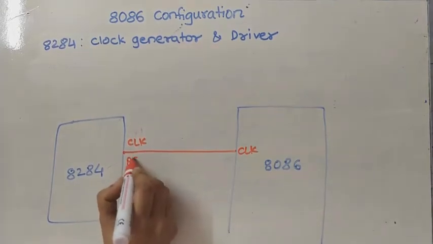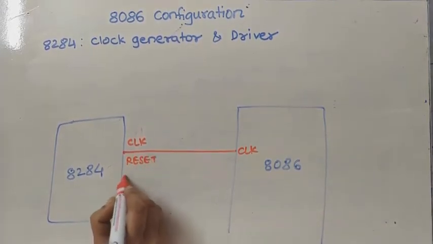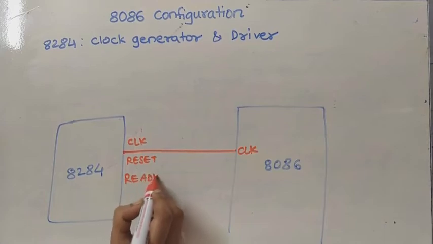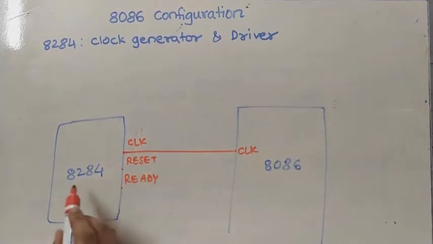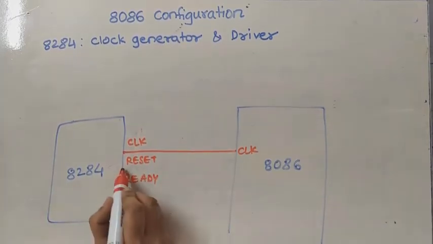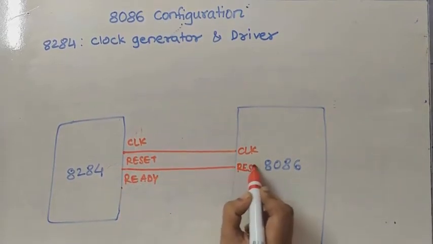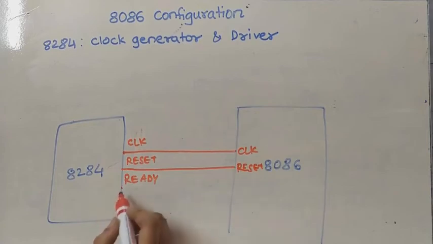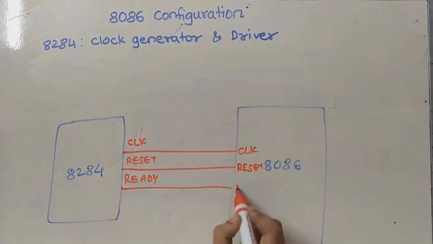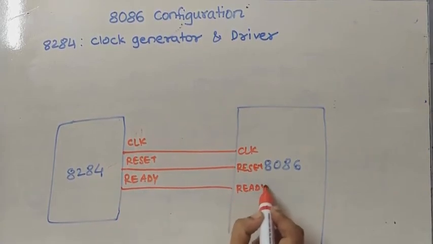Similarly, reset and ready are the signals available on 8284. The reset signal of 8284 is connected with the reset signal of 8086, and ready is connected with the ready signal of 8086.